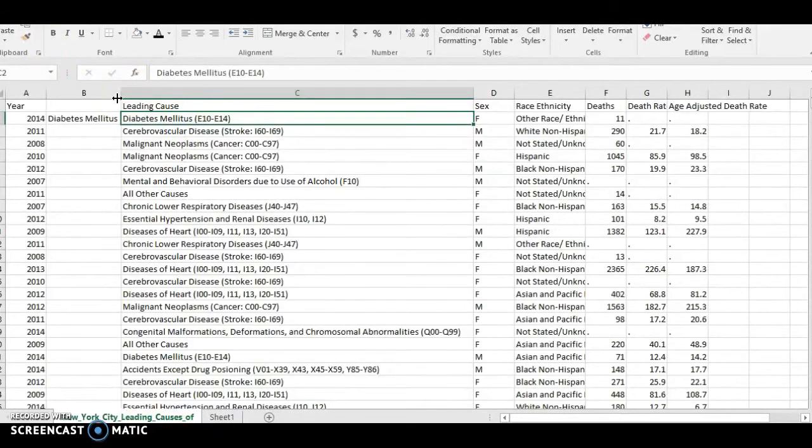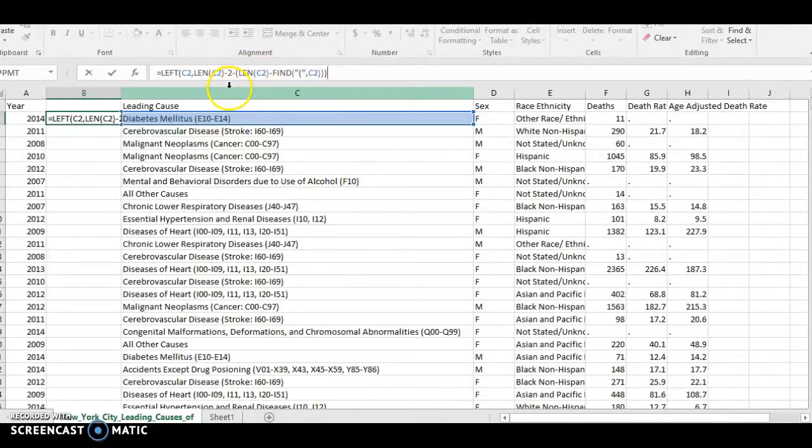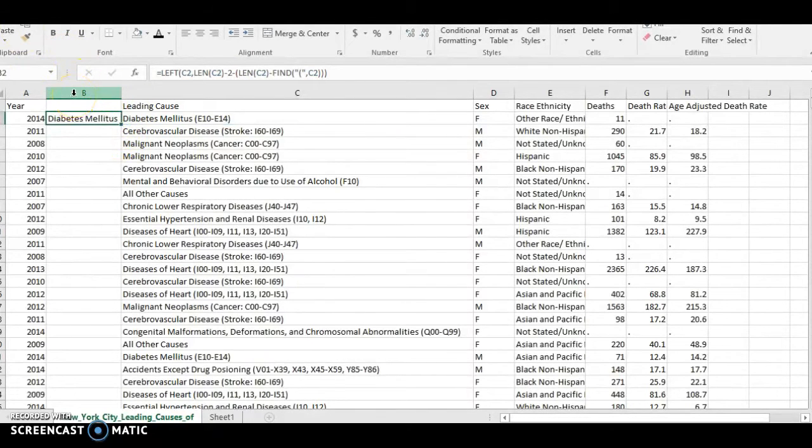And since there are 26 different causes in the data, I need a more advanced formula than the left function to extract my required text. So I achieved my goal using this function by combining the left function, the len function, and the find function. I'm able to extract all the data as needed.